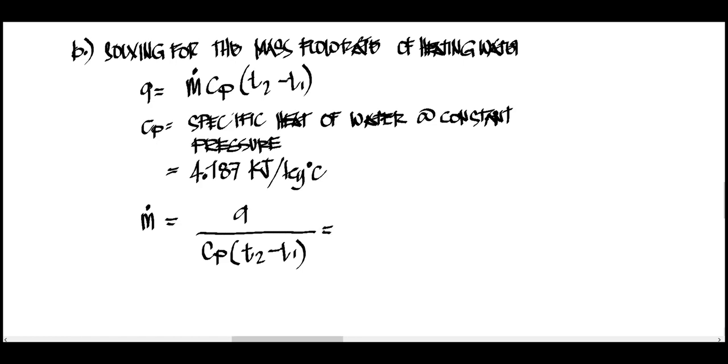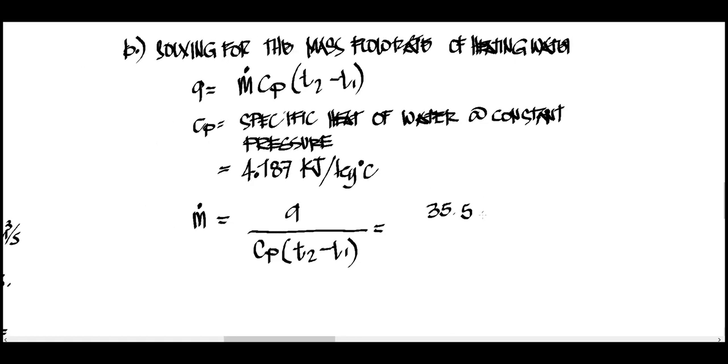The value of the heater coil is 35.5 kilojoule per second, sorry, kilojoule per second, divided by the Cp, which is 4.187 kilojoule per kilogram degrees Celsius.